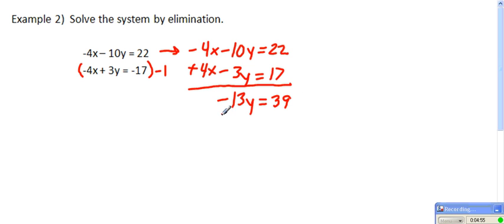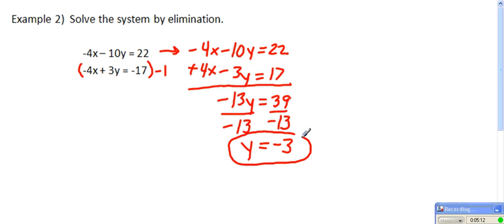22 plus 17 is 39. To get your y value alone, we're going to divide both sides by 13, giving us y equals negative 3. Now that we've solved for y, simply substitute back into one of your equations up here.